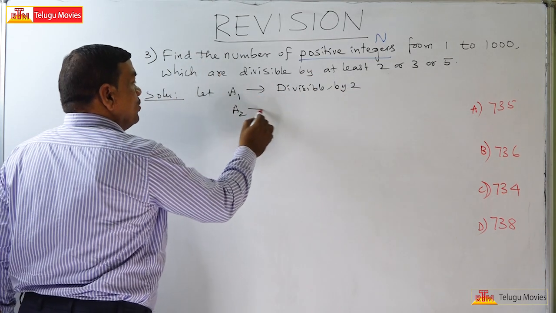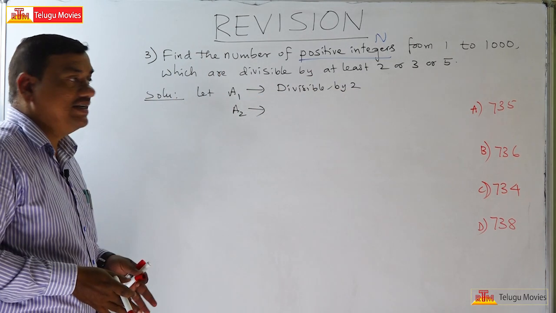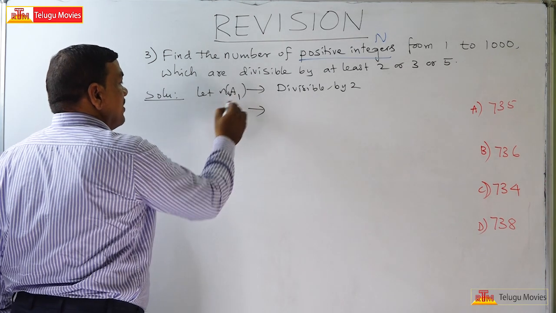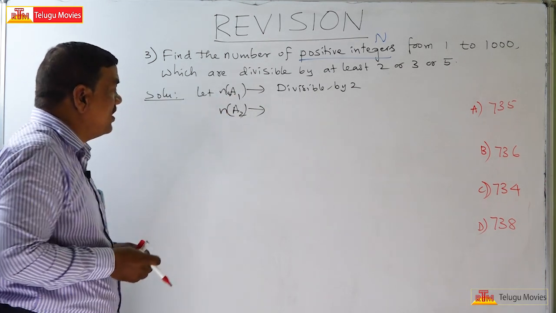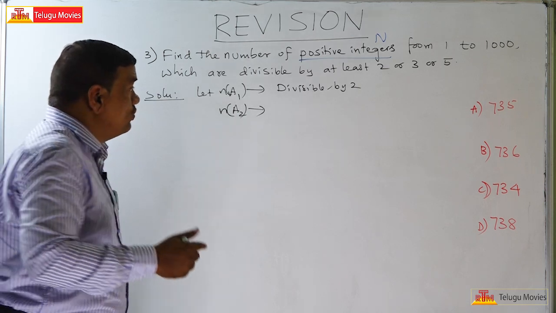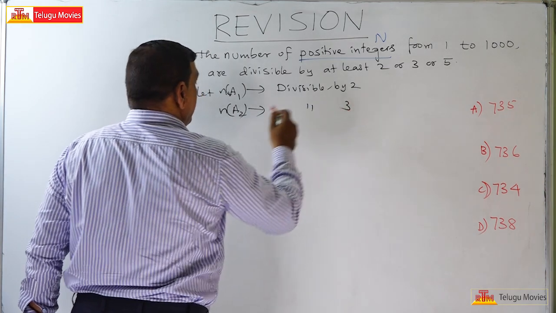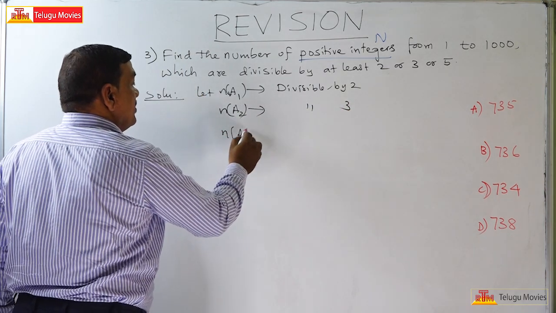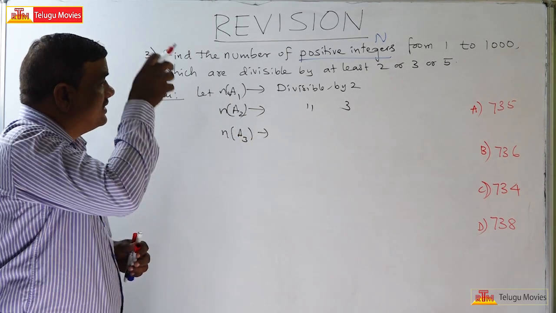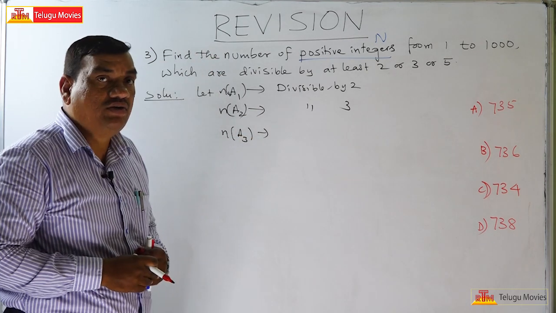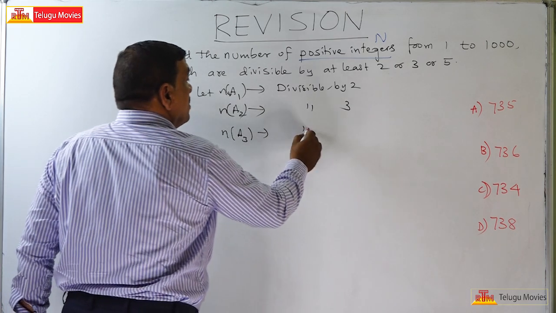Like that A2 also, n of A2 is the number of elements in the set which are divisible by 3. n of A3 means the number of numbers from 1 to 1000 which are divisible by 5.